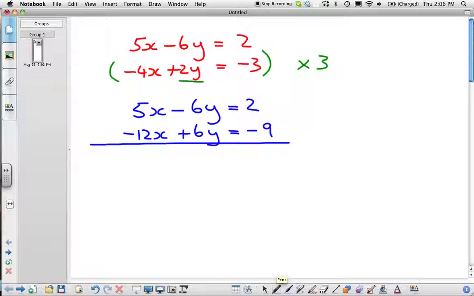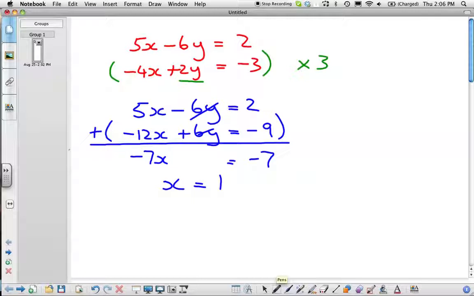I'm going to get negative 7x. These cancel out, so I actually get 0 here, and I get is equal to negative 7. So x is equal to negative 7 divided by negative 7, which is equal to 1.